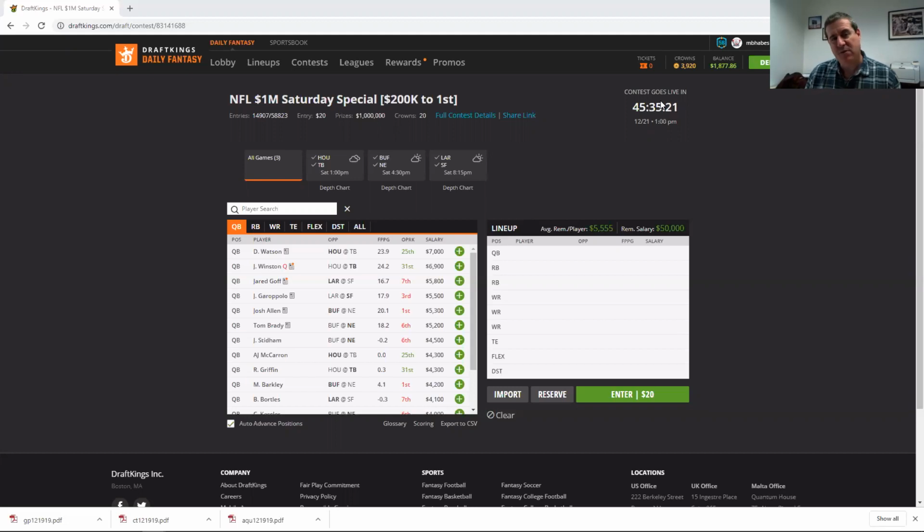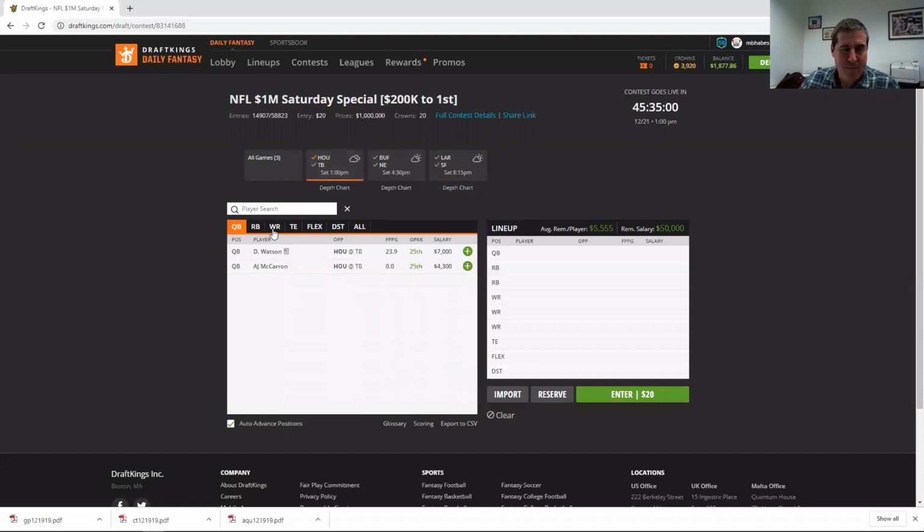So let me just walk you through how I will use projections and the way my mind works within those projections to build these kinds of lineups. For Saturday's slate, the way I start is with who the highest owned player is. What should be the highest owned player on this Saturday slate is DeAndre Hopkins at wide receiver.